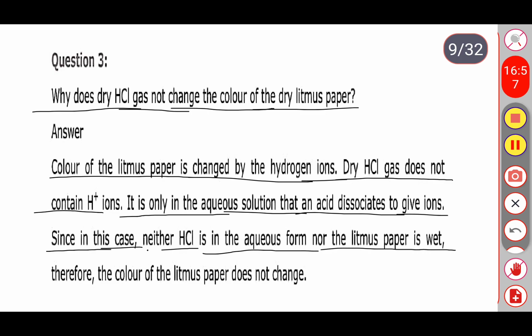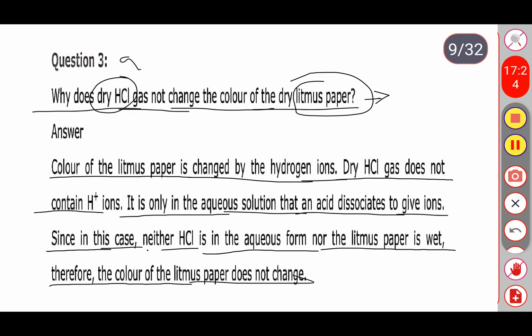It means at least one of them must be wet: either HCl should be in the form of an aqueous solution, or the litmus paper should be wetted. So what happened here is that we are taking both HCl and litmus paper dry.